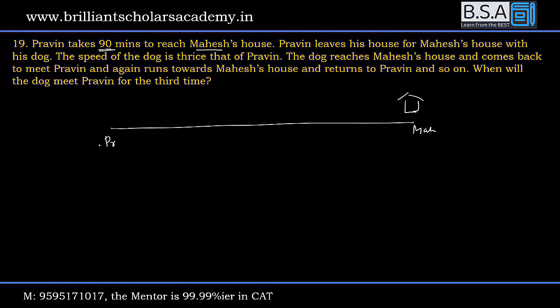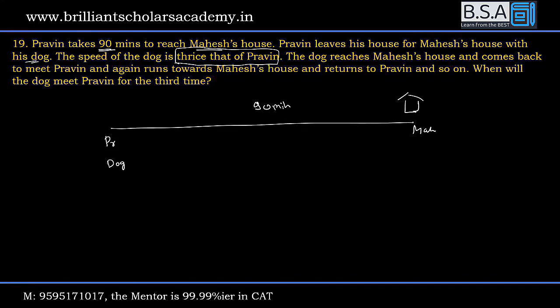So according to the speed of Praveen, it is 90 minutes away. Praveen leaves his house for Mahesh's house with his dog. So Praveen has a dog as well. They live together. Speed of the dog is thrice that of Praveen.